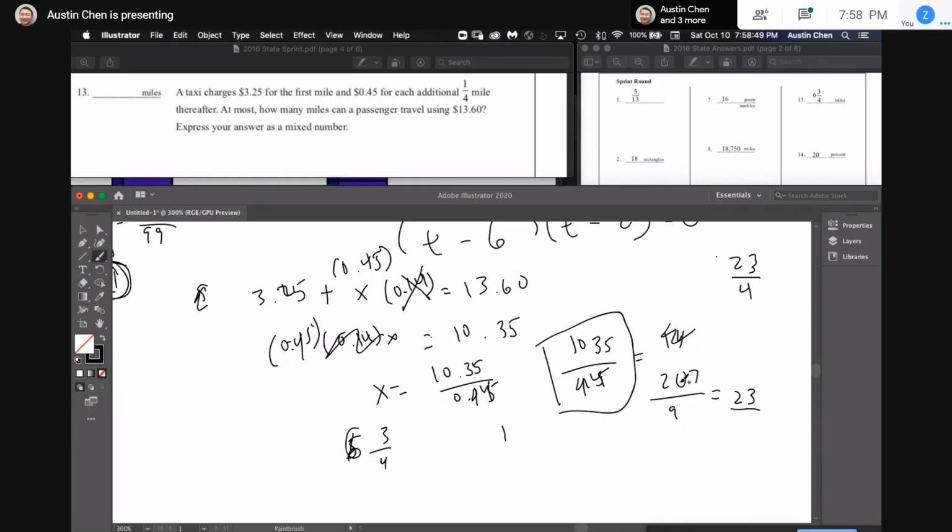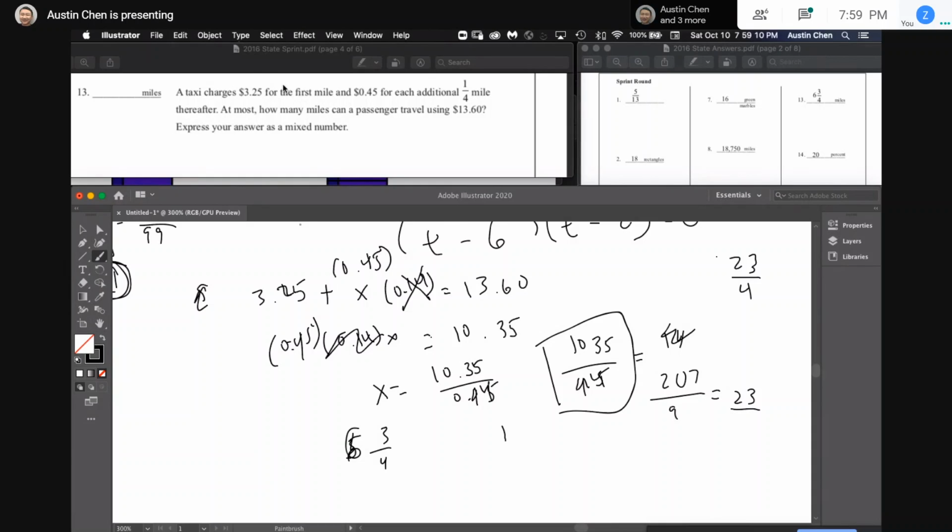Oh boy. Yeah, because you had to, like that's taking the first 3.25. Oh, okay. Yeah, yeah. Okay, I see it now. Sorry, I missed the taxi charges 3.25 for the first mile.